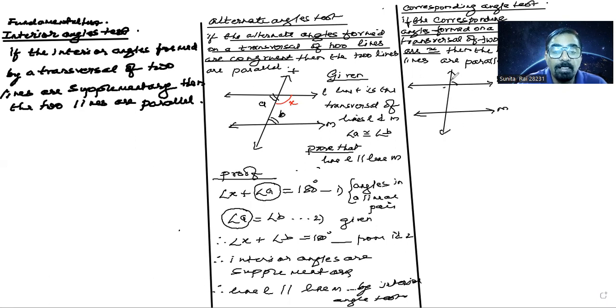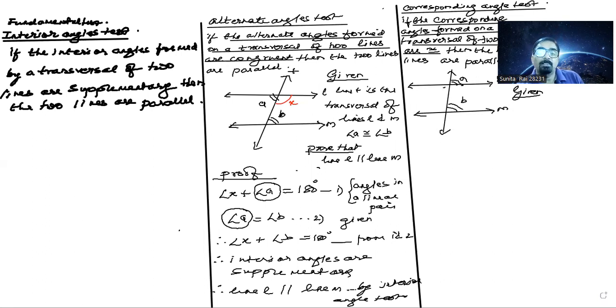This angle A is congruent to angle B. If you see this, I can say the lines are parallel. Correct? तो given में क्या आएगा बेटा? ट्रांसवर्सल और दो लाइंस है और उनका corresponding angles congruent है.